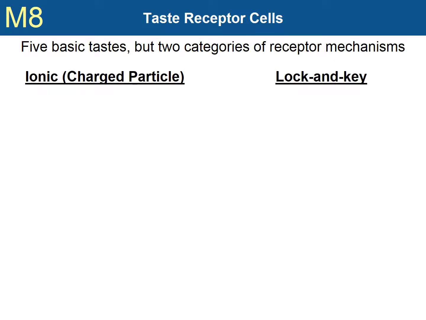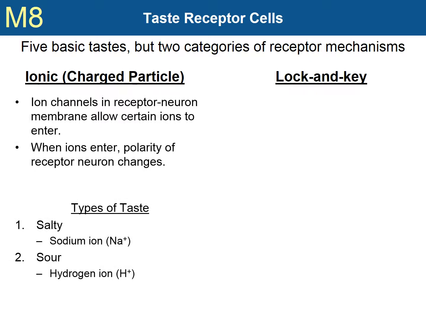Although there are 5 basic tastes, there are only 2 basic categories of receptor mechanisms. The first is the ionic receptor mechanism. In this case, there are ion channels in the receptor neuron that allow positively charged ions to enter the cell, changing its polarity. Salt and sour are sensed by this mechanism.